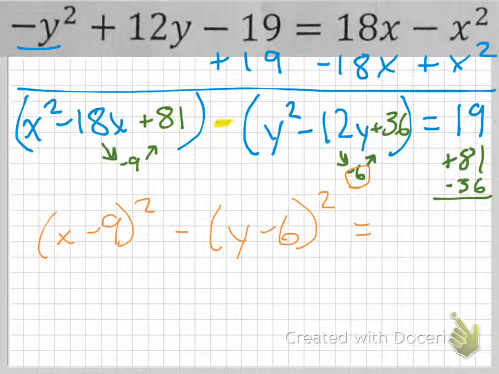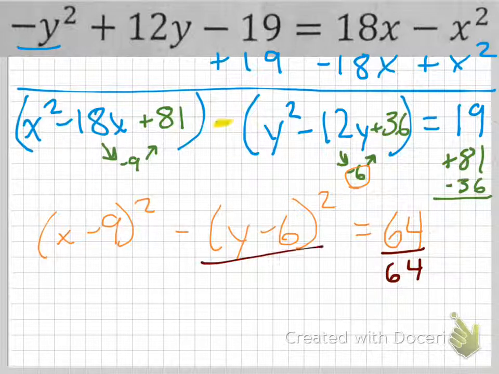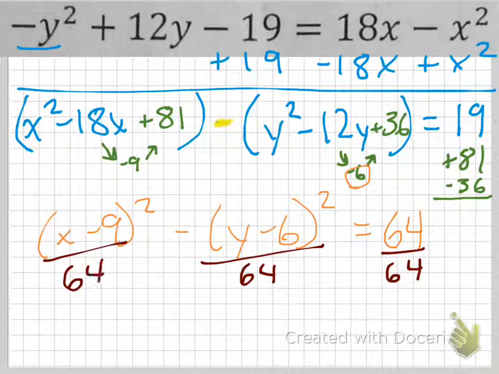Take away 36, leaves us with 64. Okay, so we're almost in standard form, but the right side has to be equal to 1. So if we take that 64, divide by 64 to make 1, and divide each of our terms on the left by 64, then we'll be good to go.